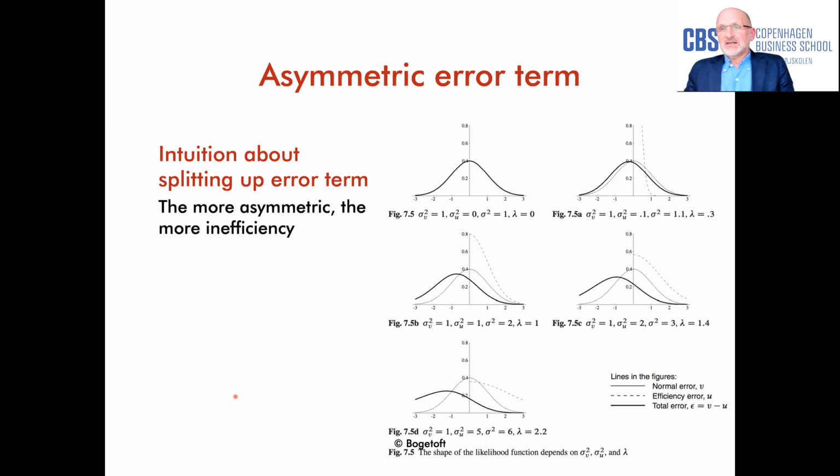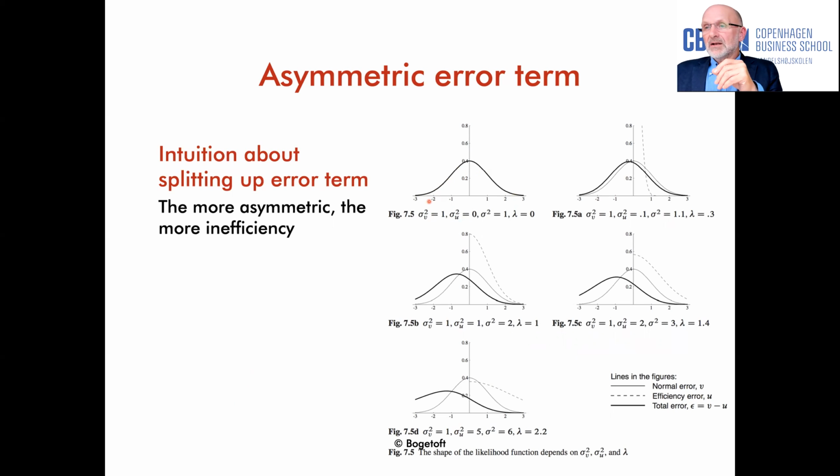One way to understand why it can be so complicated is to really think about what these error terms and inefficiency terms are doing. So I plotted here 5 different distributions of the combined terms, the v minus the u's. Here I assume first, in the first picture, that the variance of the u is 0, so there's basically no inefficiency. So I just get a normal distribution here.